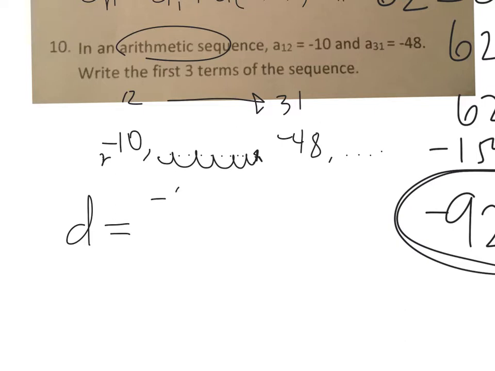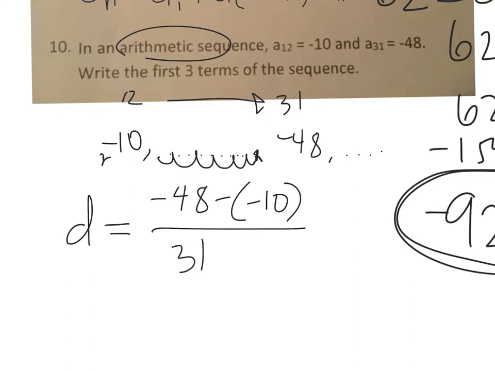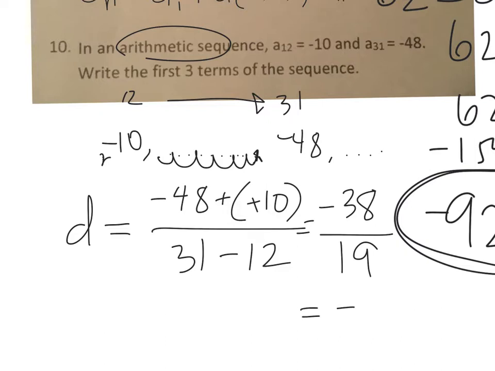If we do negative 48 minus negative 10, and then we do the 31st term minus the 12th term, that will tell us the difference in between all of our terms. So this is negative 38, because minus minus is a plus, and this is positive 19, which means the difference in between every one of these terms is negative 2.